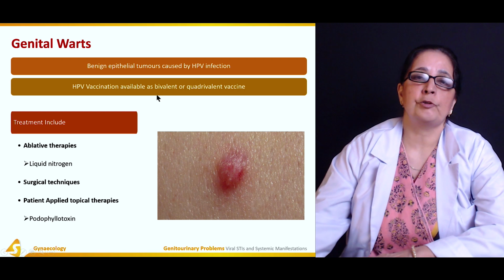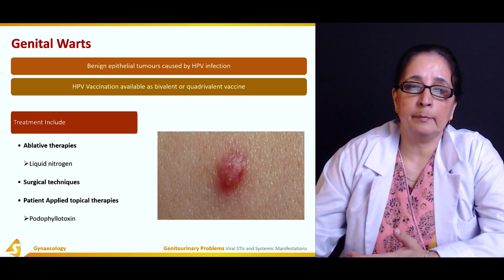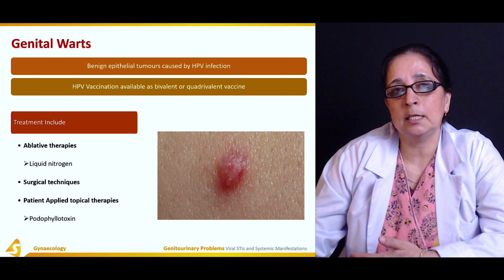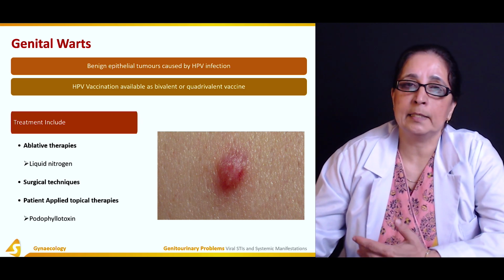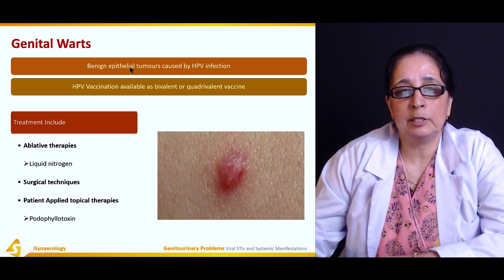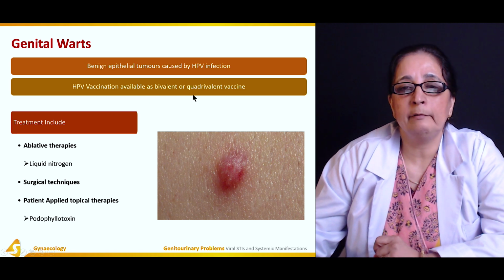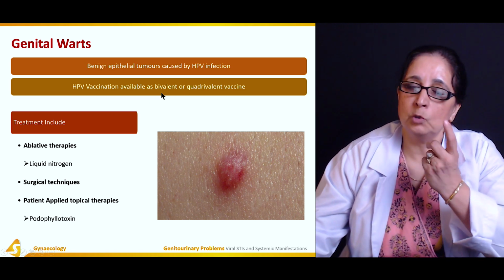There are different strains of human papilloma virus. 16 and 18 are very common, and 6 and 11 are also common. So HPV vaccinations are available, which are bivalent or quadrivalent. Bivalent means two.